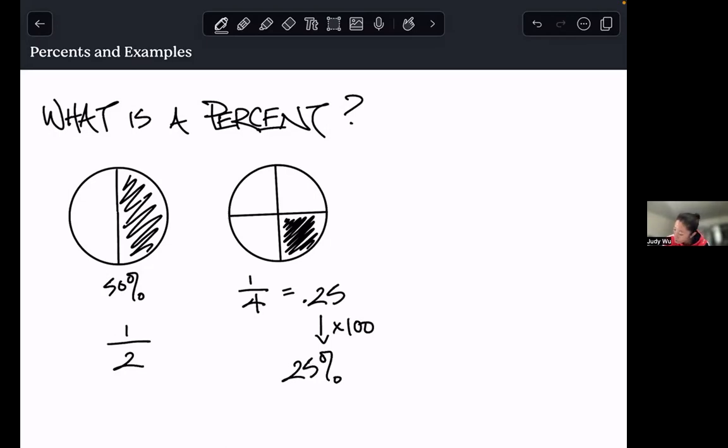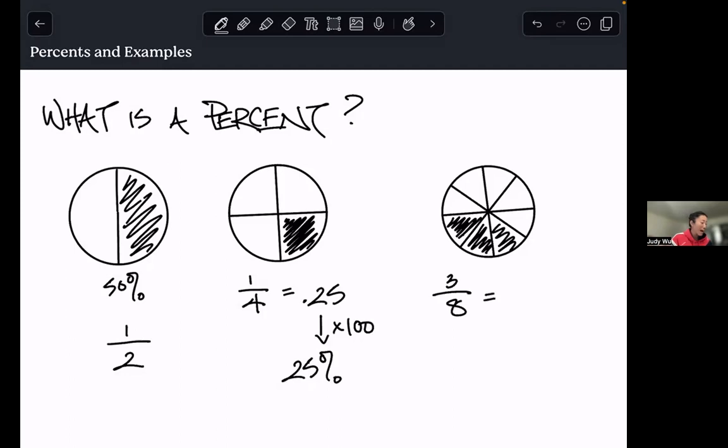We could keep going in this way. Let's try one more example. Let's say we had 8 pieces, and I drew them all equally. If I said you're going to get 3 of these equal-size pieces out of 8, that's 3 out of 8.